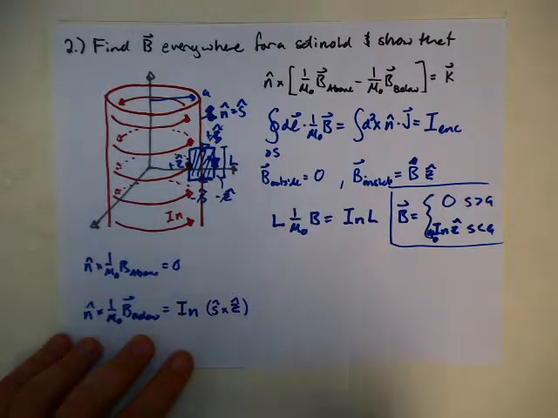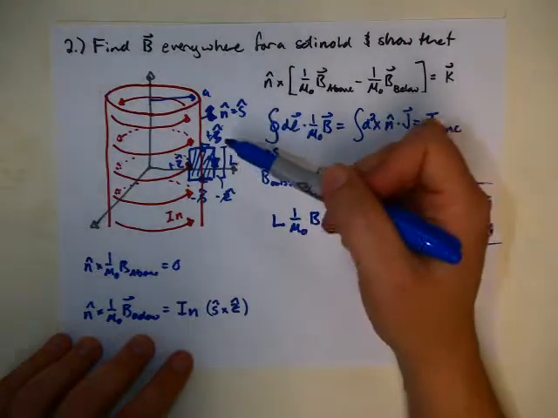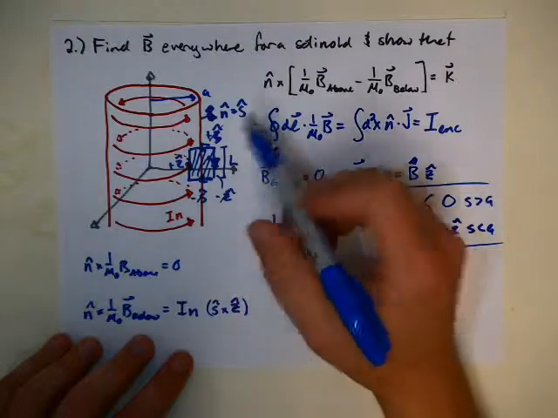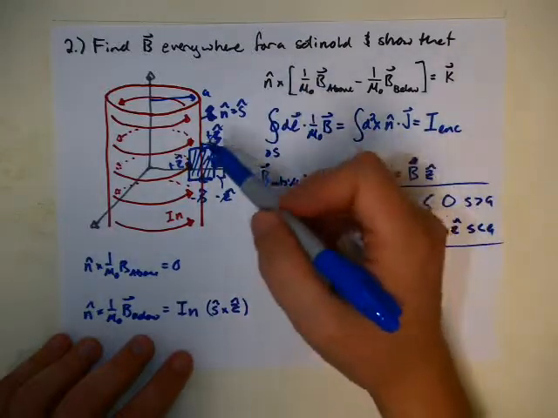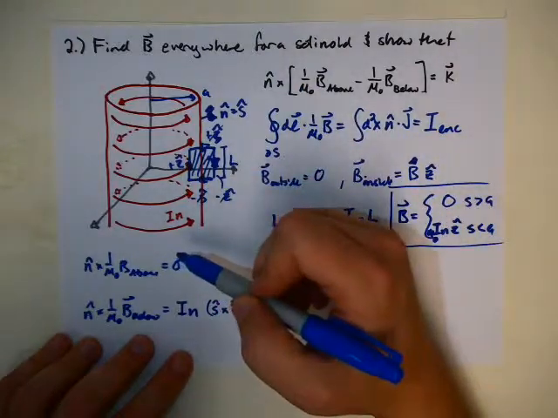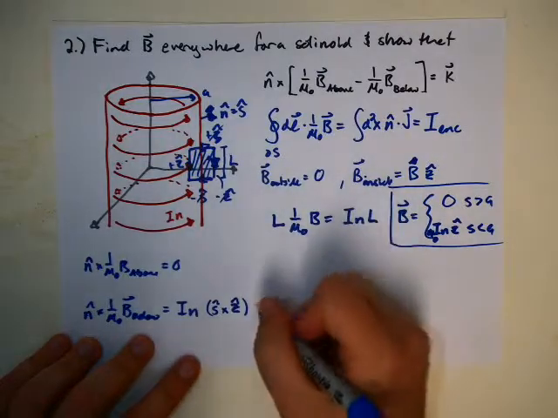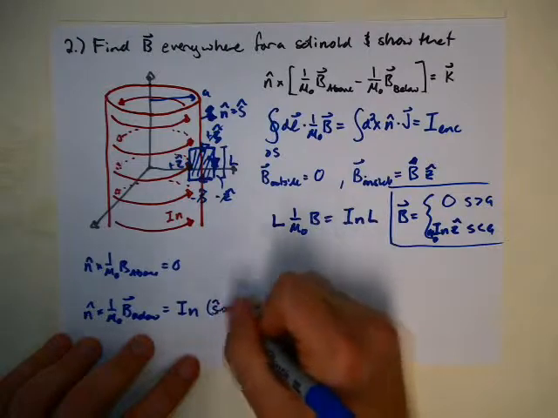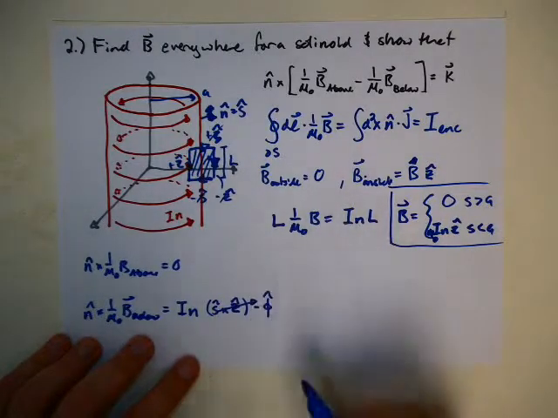Well, the s hat cross z hat is actually going to give me, let's see if I think about this right. S hat is in the positive j hat direction, z hat is in the k hat, so j cross k is in the positive i, so that's in the minus phi hat direction. So this is going to give me the minus phi hat direction.